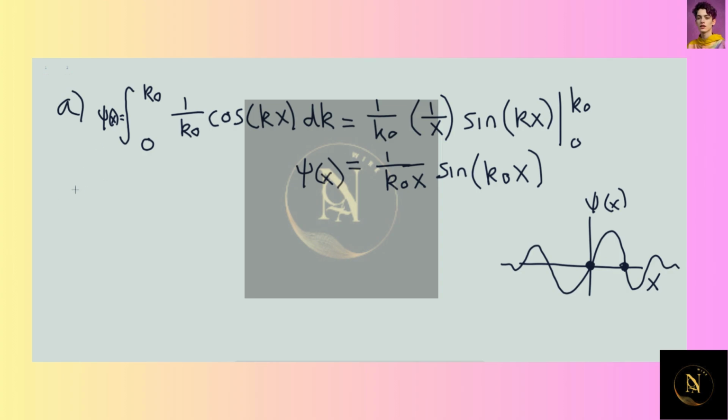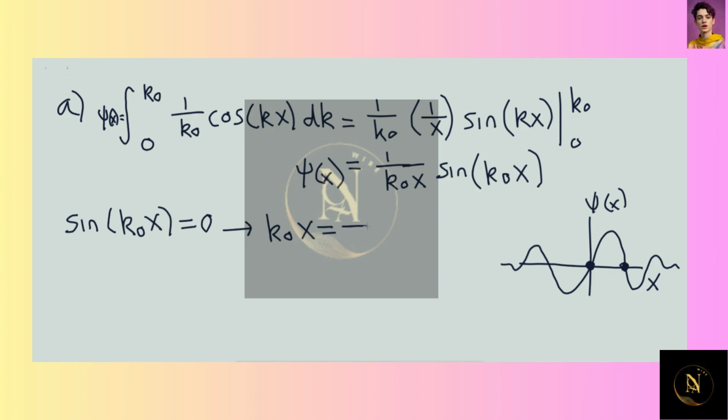So the first of these minima occurs at x equals 0. The other one occurs when whatever's inside the sine function, so when sine of k naught x is equal to 0 the first time, which is true when k naught x is equal to pi.